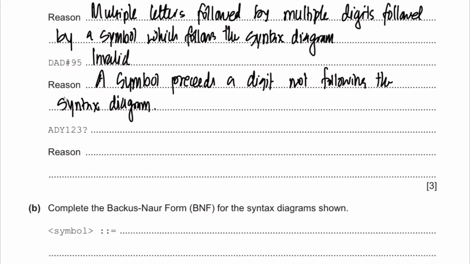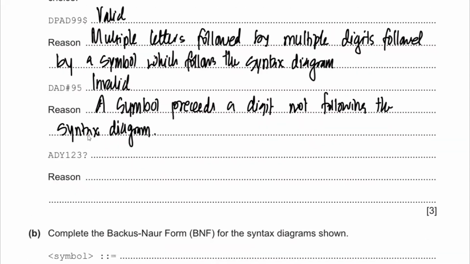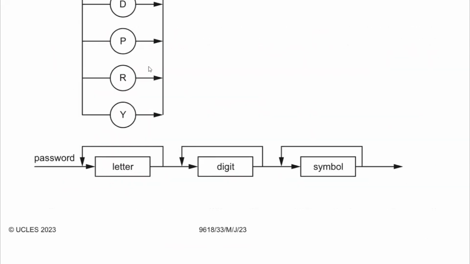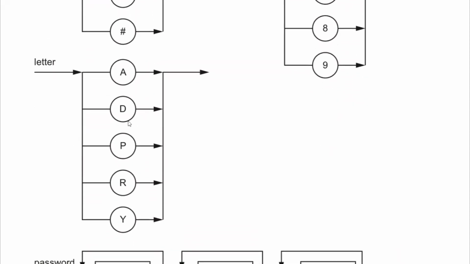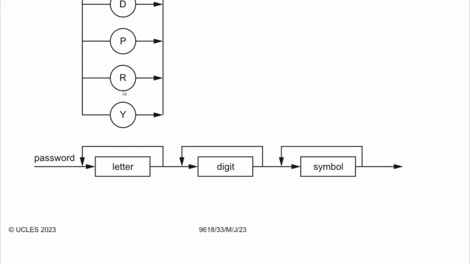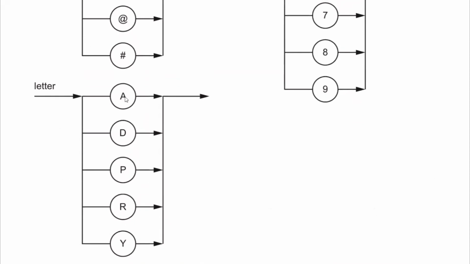All right, let's look at the next part of the question. ADY 1, 2, 3, and then a question mark. Now, you cannot just rely on the rule of passwords. We have to have a good look at every single syntax. In the letter section, we've got ADY, so ADY is present in the letters.